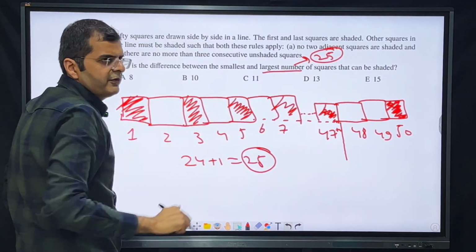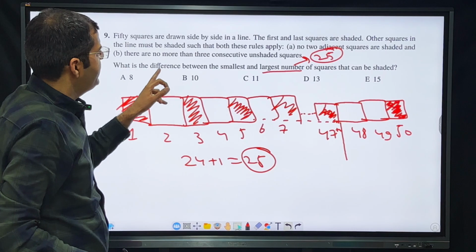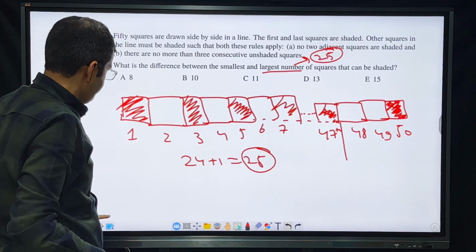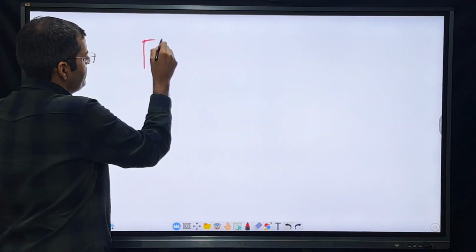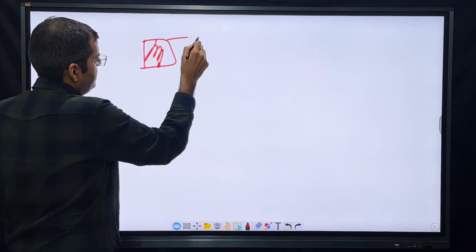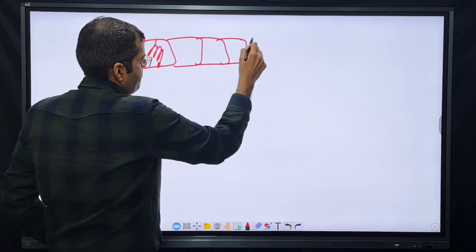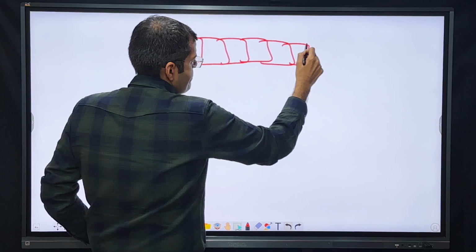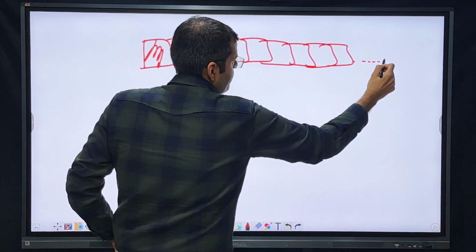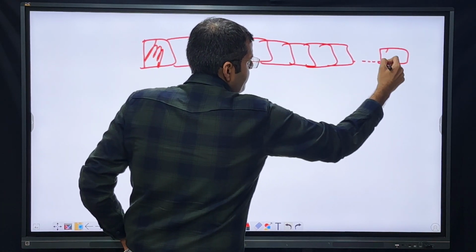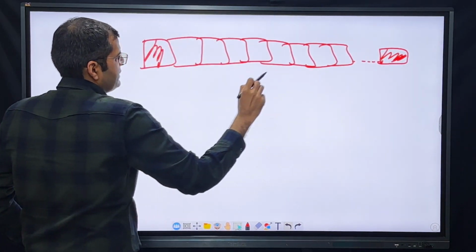Now I have to get the smallest number. For the smallest number, the first is shaded, and this is the 50th, let's say.